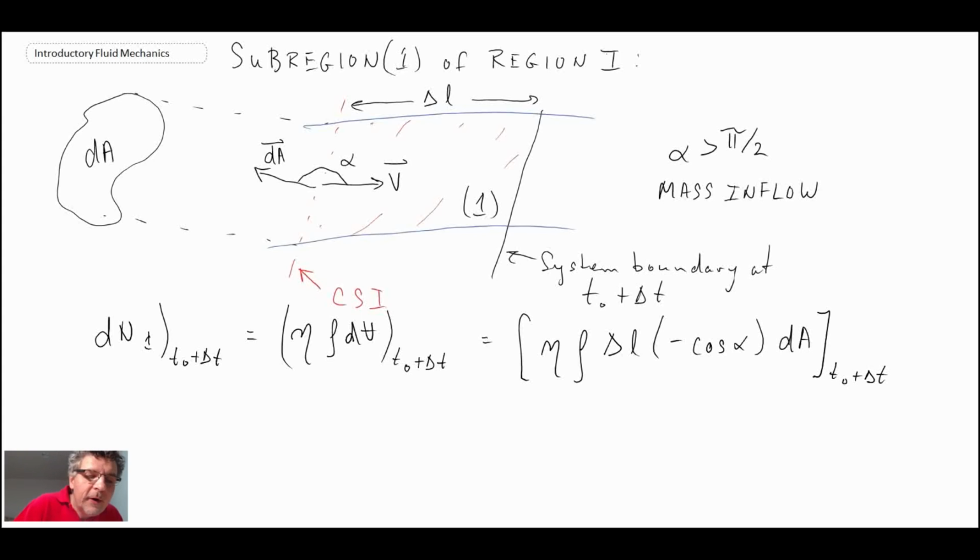And you might be wondering, why did I put in a minus cos alpha? That's because we want the volume to be positive. And we know with the way the sign convention is that it would come out negative if we didn't do that. So we put in a negative cos alpha in order to make it positive. And what do we end with? We end with an expression for the extensive property in region 1 at t0 plus delta t.